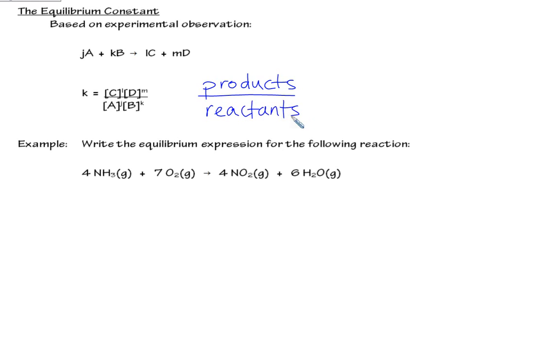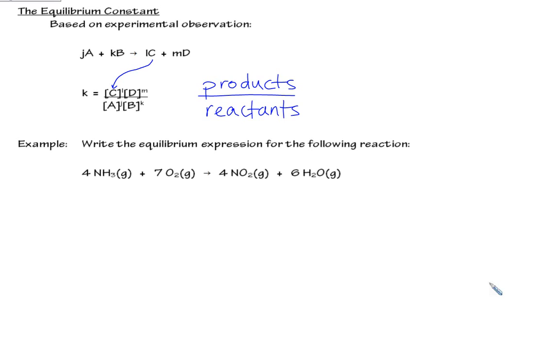You're going to take the concentration of C and you just raise it to the power of the coefficient from the balanced equation. Now they picked kind of goofy symbols to use here. So our reactants and products are A, B, C, D, and our coefficients are like J, K, L, M. I don't know why they picked that. That's weird to me. But it is.